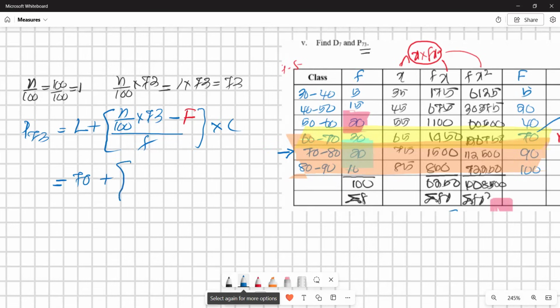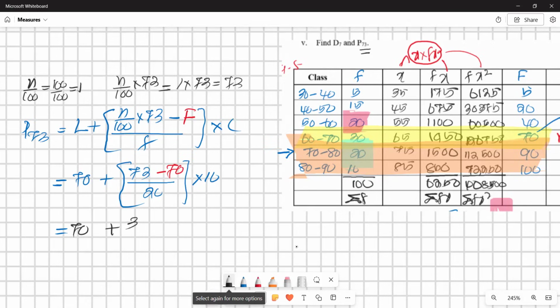N by 100 into 73 is 73. Error point: quickly you will get 90, but it is not 90. The preceding one is 70. Divided by the frequency of the selected class, which is 20. And C, like the previous measurements, 80 minus 70, that is 10. If I simplify this, this is 70.